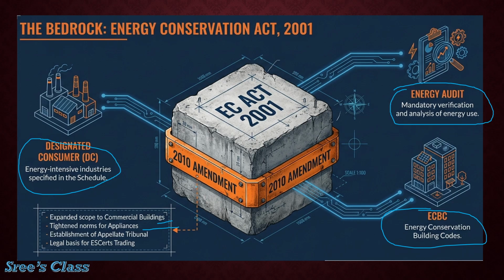Then there is the establishment of the appellate tribunal, then the legal basis of ESCerts and trading. ESCerts is energy saving certificates. This also we will be discussing during the PAT scheme, which is actually one of the schemes of the Bureau of Energy Efficiency.